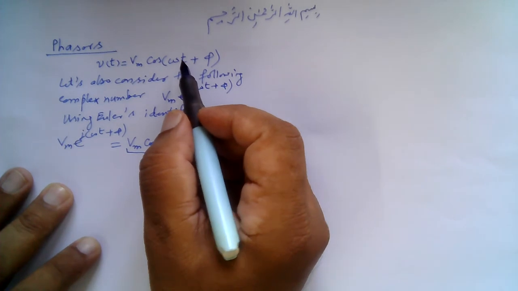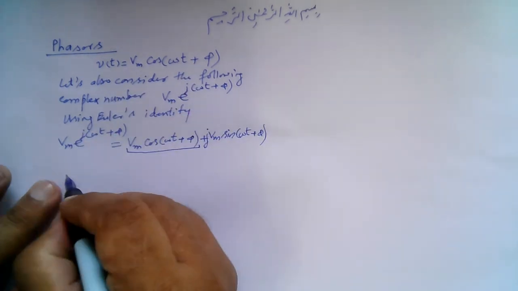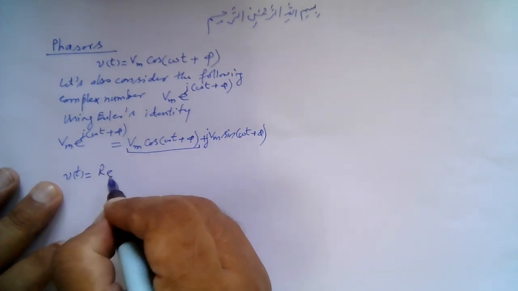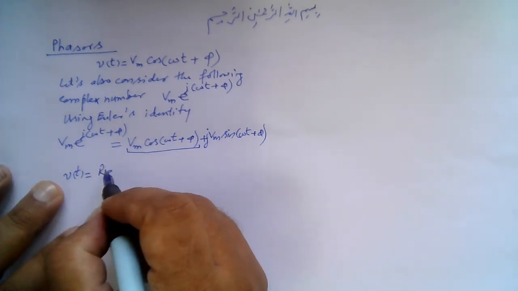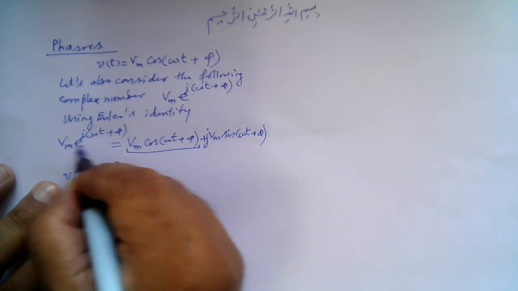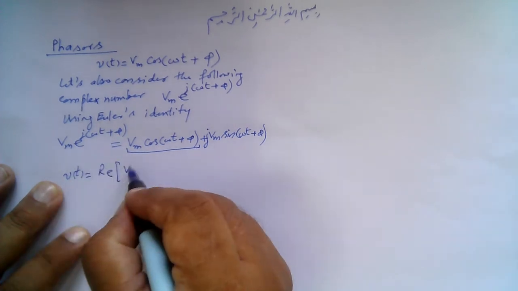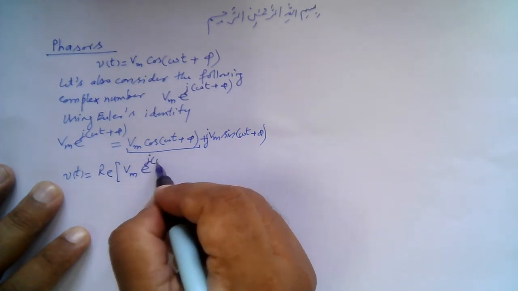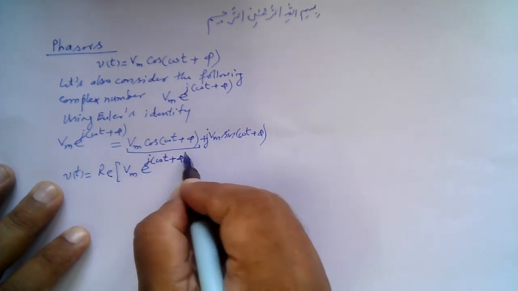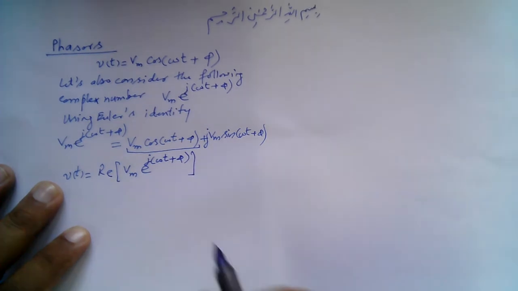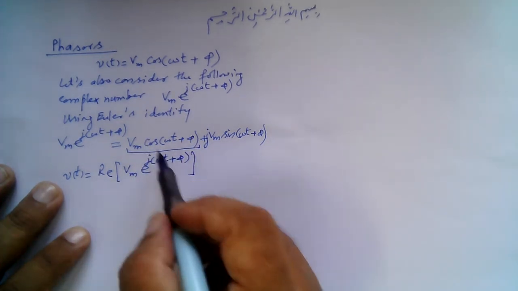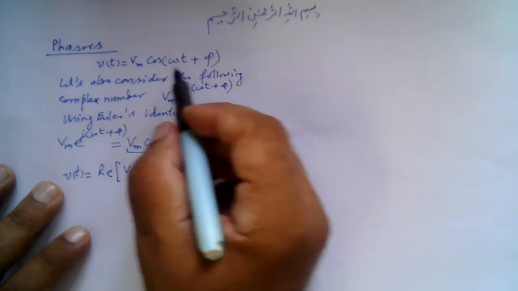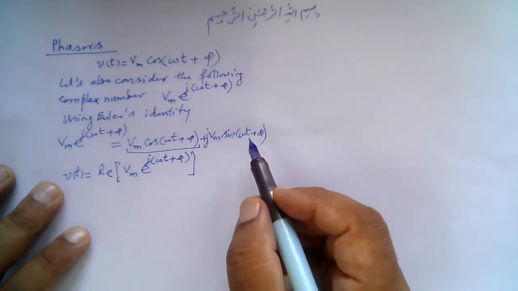So we can write v of t is equal to the real part of Vm e^(j(omega t plus phi)). The real part of this complex number is this sinusoid here, right?